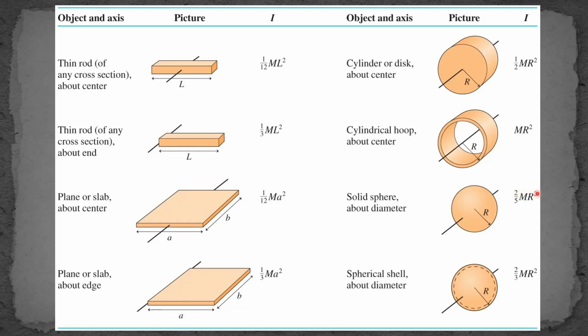Now what's interesting is what if we had raced a solid sphere with these 3? Well, 2/5 is actually less than 1/2, so in that case the sphere would have won. This would have still been last place.